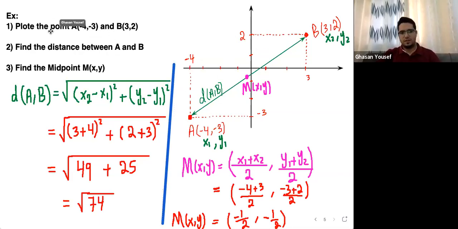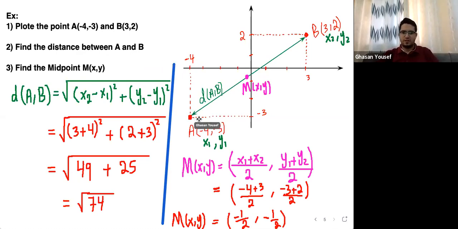First of all, the question asks to plot the point -4, -3. So you go to the x-axis, you choose the -4. You go to the y-axis, you pick the -3. Then you draw a line for -3, and the intersection between these two lines is this point.